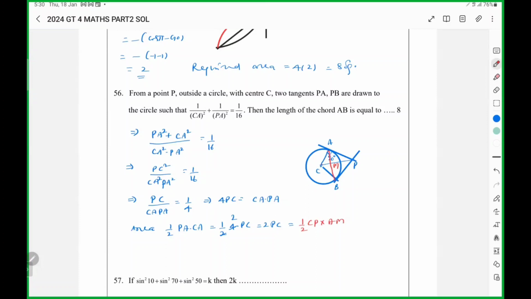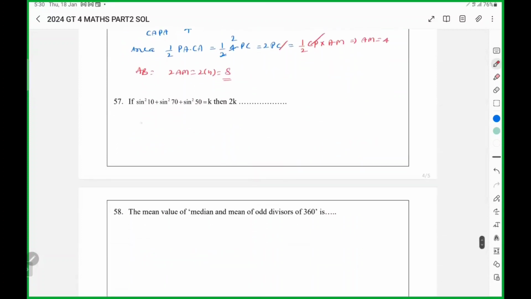For this, take this as a side, it will be height. AM is 4, AB becomes 2AM. That is it. It's a standard one. Sin square 60 minus A. Put A as 10. You get K as 3 by 2.